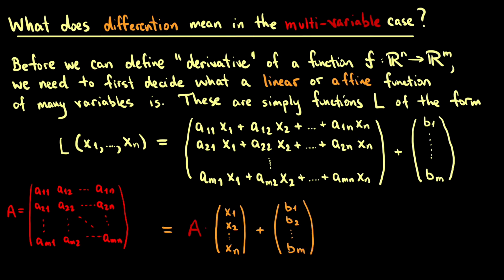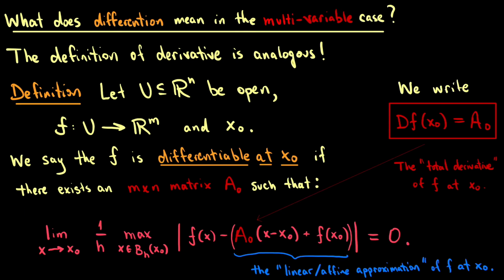All right, so this is what an affine function is in many variables. So how are we going to define the derivative of a function of many variables? Well, we're going to say that I can approximate the function locally by one of these. So let's see the definition.